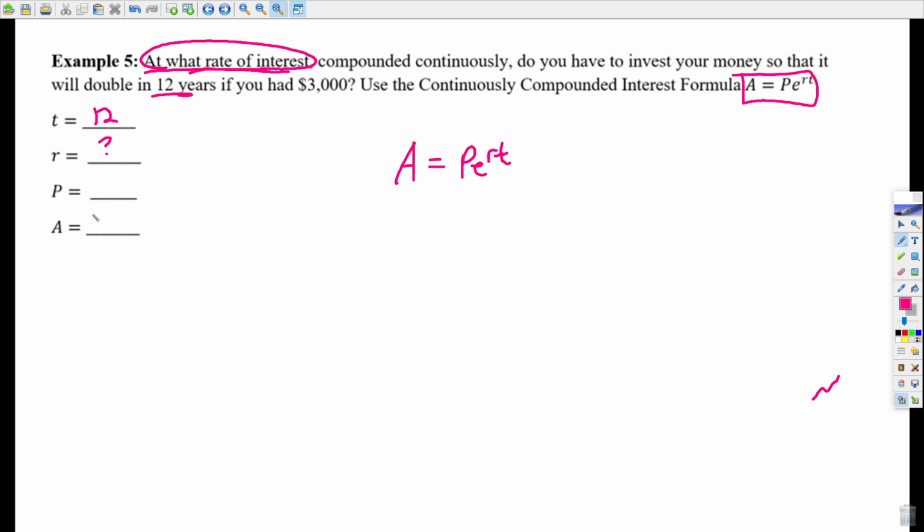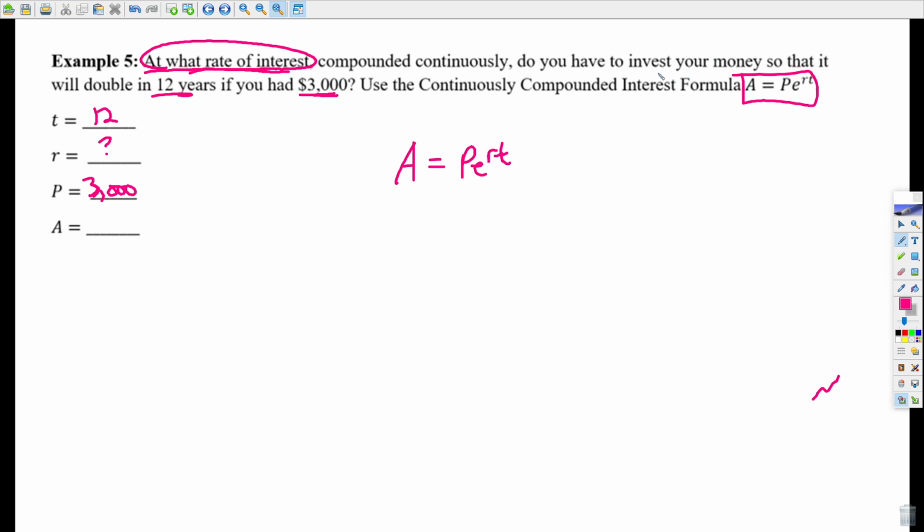P is how much money you initially put into the account or invest. It says if you had $3,000, so we're going to start with 3,000. And then A, we hopefully have A, because we're already missing one variable and we don't want to miss multiple. A would be the final amount that we want to get.